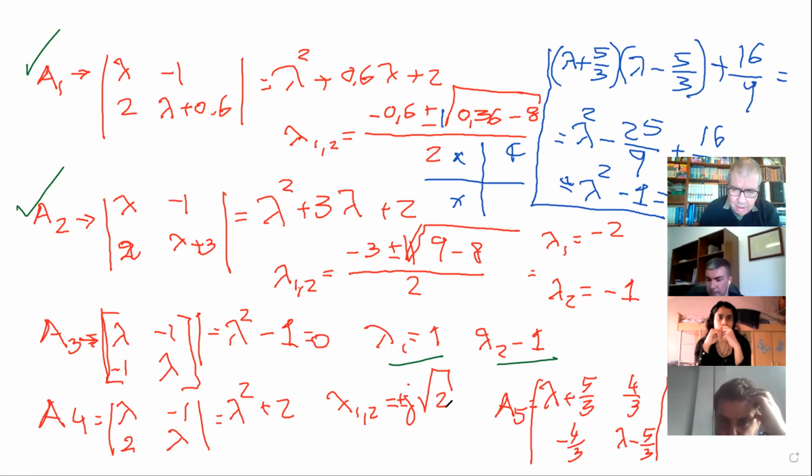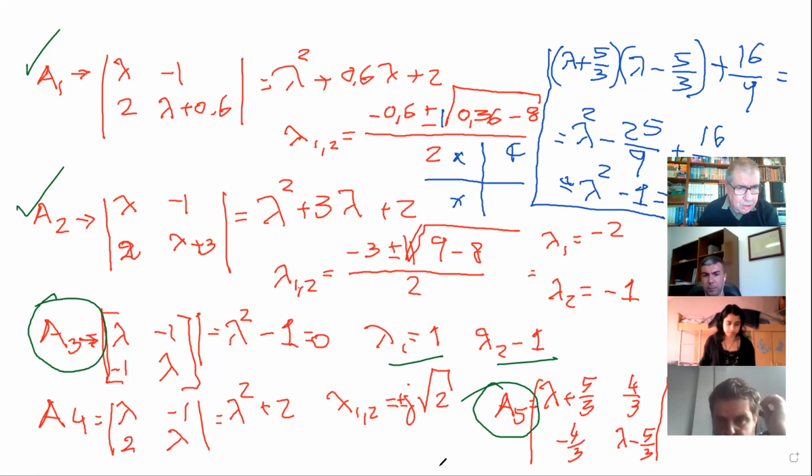That's E. So we have to discriminate between A3 and A5. Okay, so compute the eigenvectors.